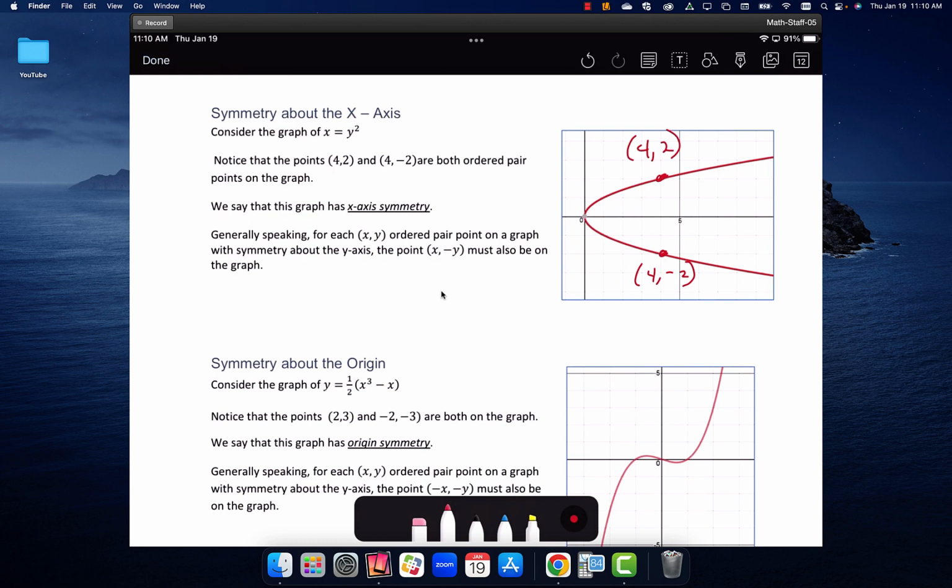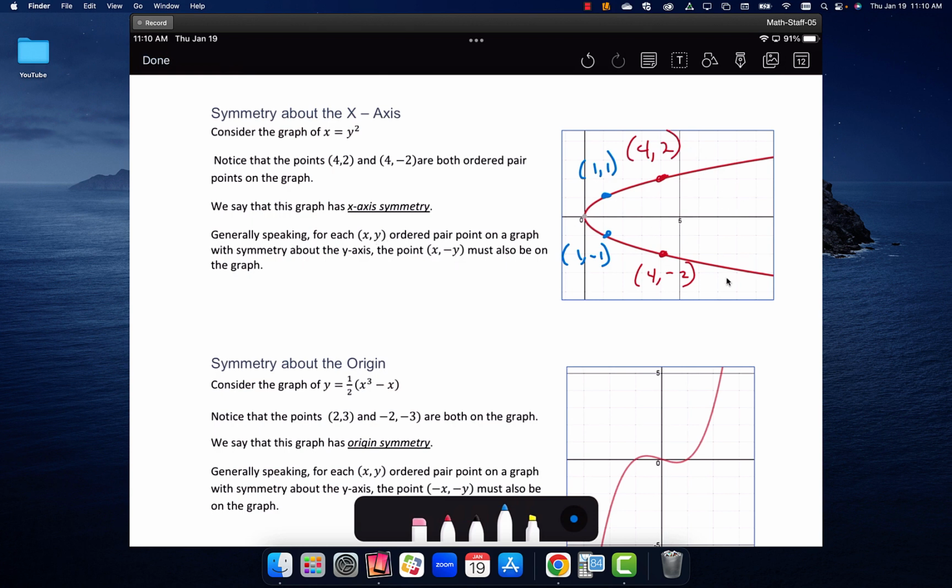This can be true for any x, y value. So if we look at x, y, x, negative y must also be there. Another example, if we choose the point 1, 1, notice that 1, negative 1 is also there. For any x, y coordinate, x, negative y is also there.